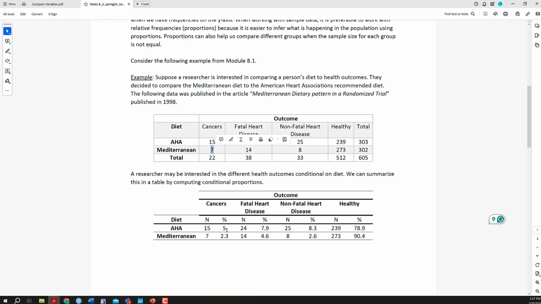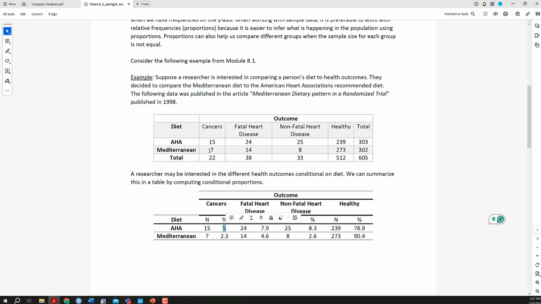The percentages that are next to them are the percentage of people on each of the diets that developed cancer. So for example, again, if we take the 15 divided by the 303 people on the AHA diet, we would get 5% of people on that diet developed cancer.